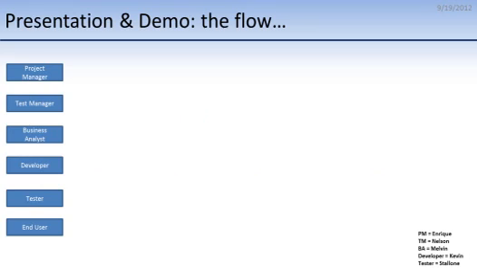All right. So this is the main page. This is the flow. We have our different stakeholders in the project here. As I introduced them before, we have the project manager, test manager, business analyst, developer, tester, and end user. Each of them will perform an action, and as they perform an action, I will log into Quality Center and I will do that particular action.